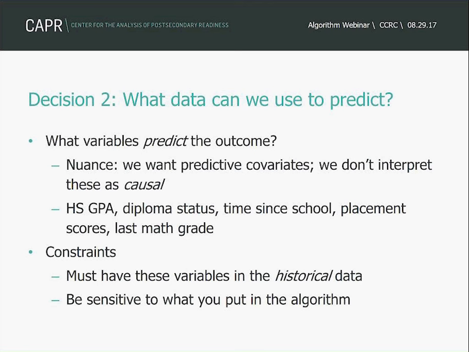So we excluded those altogether, even though they might have predictive value. And we think that's appropriate, but just wanted to highlight that aspect to you to be sensitive to that. And in theory, what goes into these algorithms is public information in a lot of ways, especially students probably have a right to request what's being inputted into this. So think of that as you decide what to keep in the algorithm.